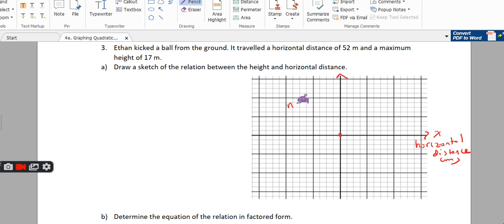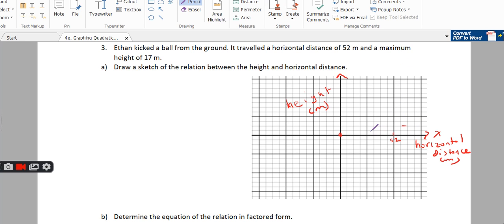And this is height in meters. Okay. So now, starting at (0, 0), because Ethan kicked the ball from the ground, it traveled a horizontal distance of 52. So I'm going to assume that is 52. And a maximum height of 17.